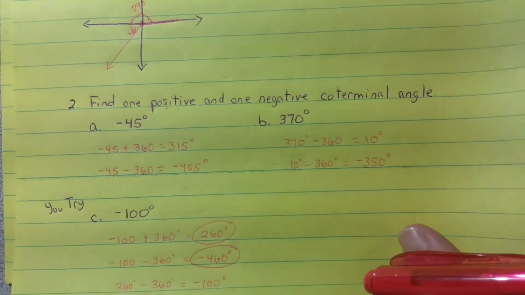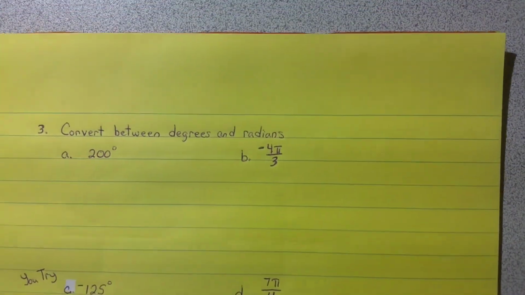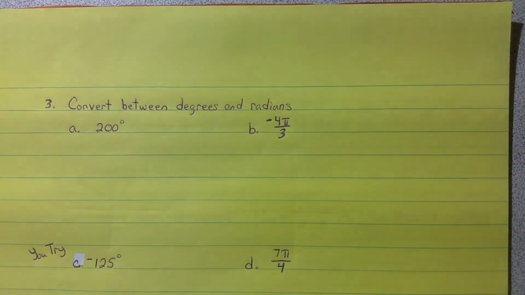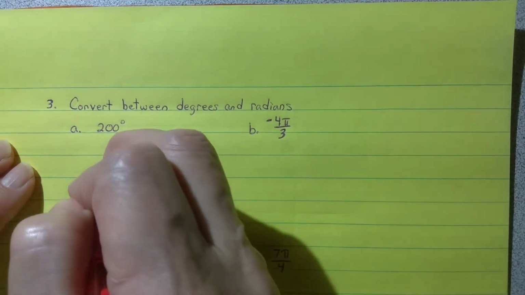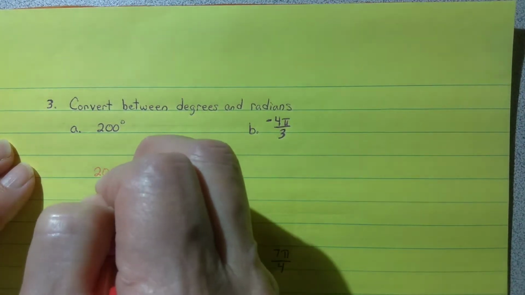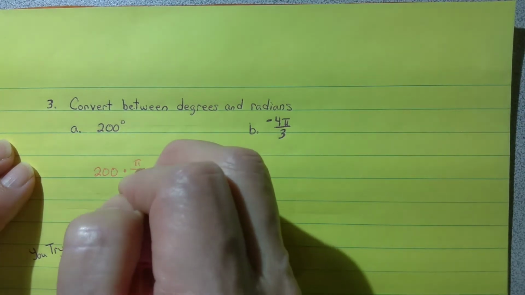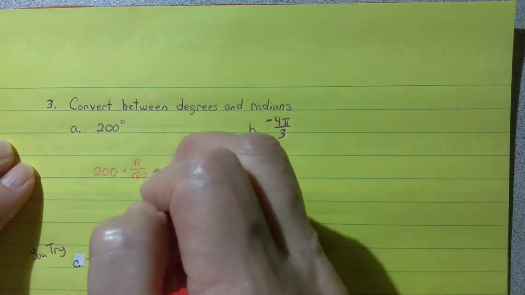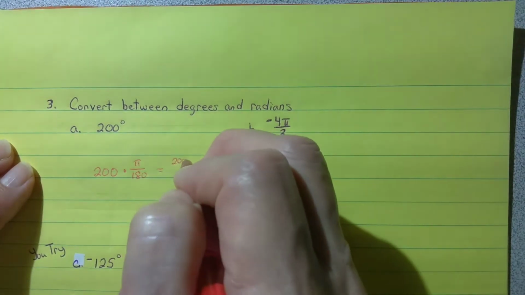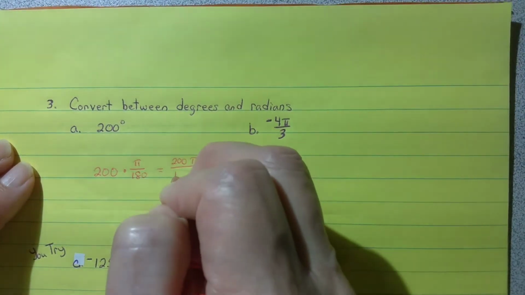Okay, the last thing that we're covering today is converting between degrees and radians. Remember, very, very straightforward. If it's a degree, you simply multiply it by pi over 180, and then you reduce. Now what I mean by reducing is this is 200 pi over 180.